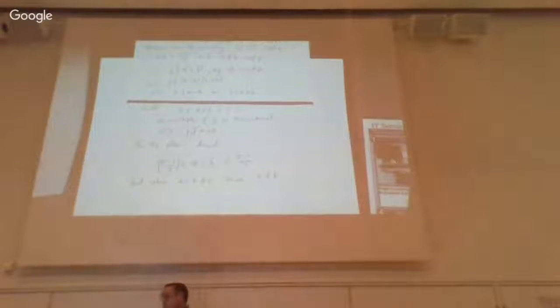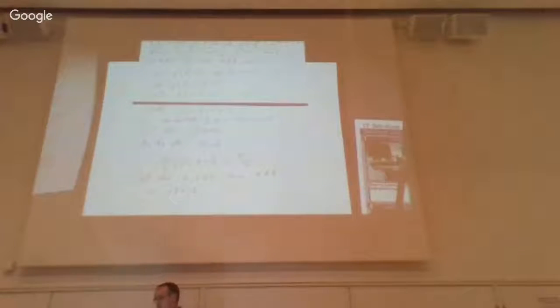So there are no multiples of p there either. So p does not divide a minus b. You can't have the difference being divisible by p when a and b are different.